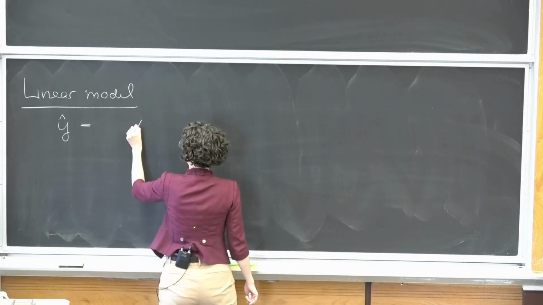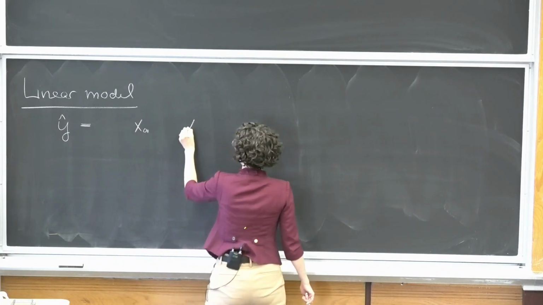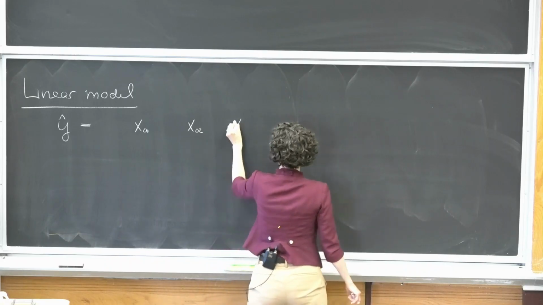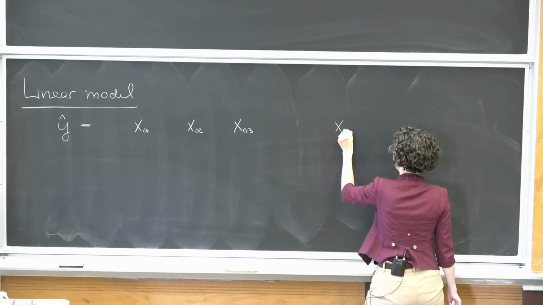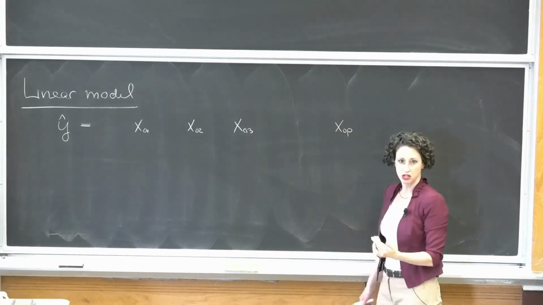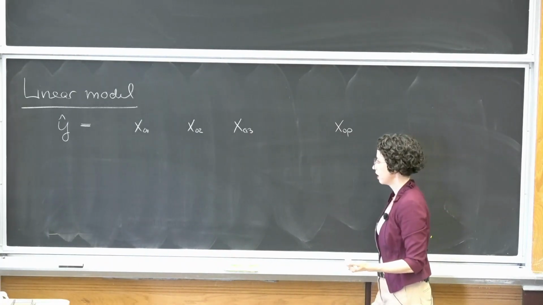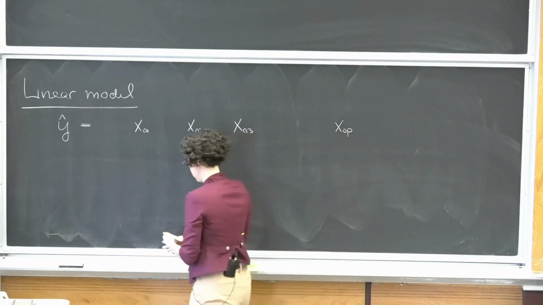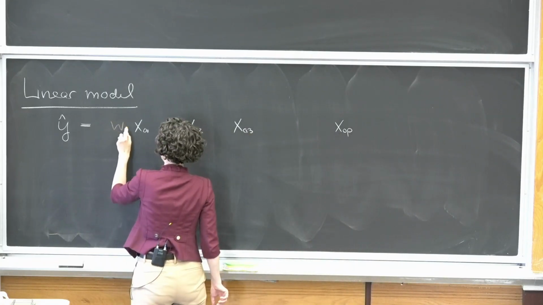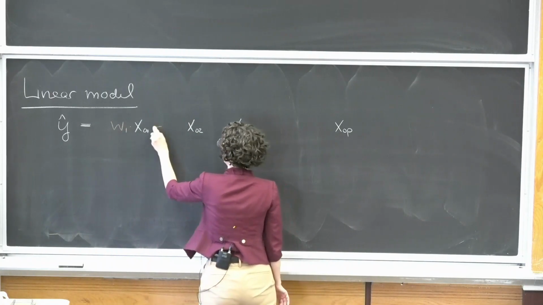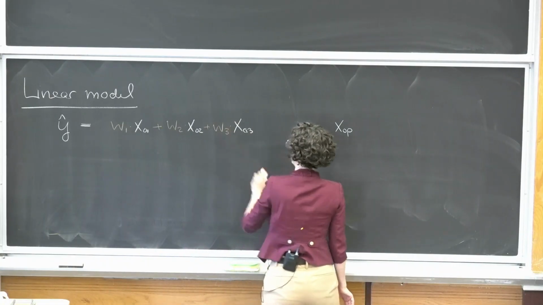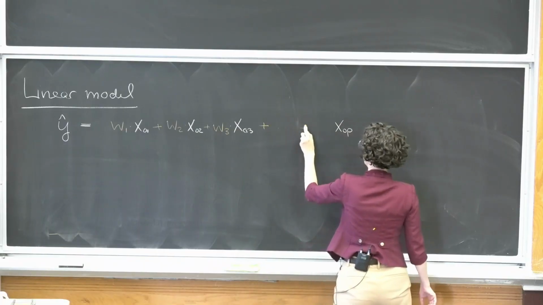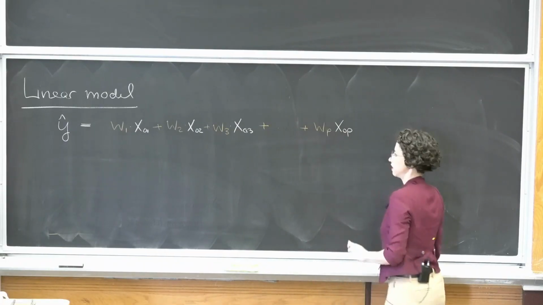So we are going to have x01, x02, x03, all the way out to x0p, where p is the number of different features. And like I said, we're going to use a weighted sum. So we're going to have w1 times x01 plus w2 times x02 plus w3 times x03, all the way out to wp times x0p.